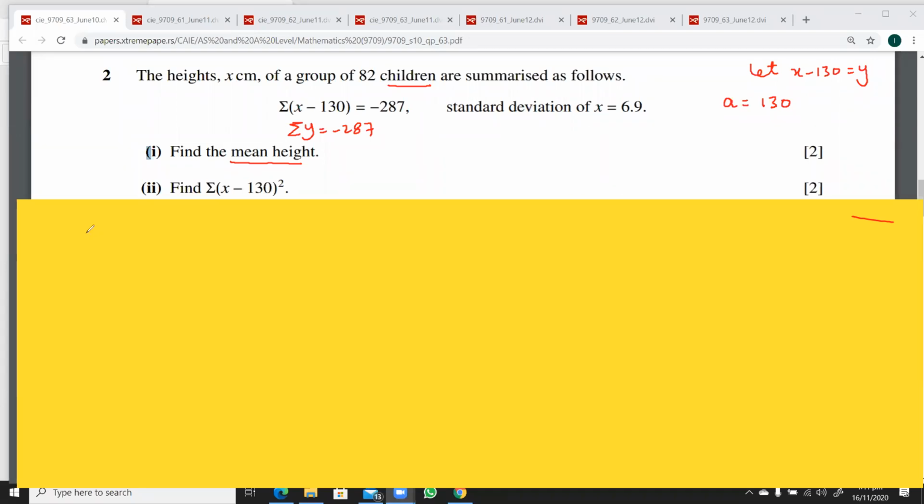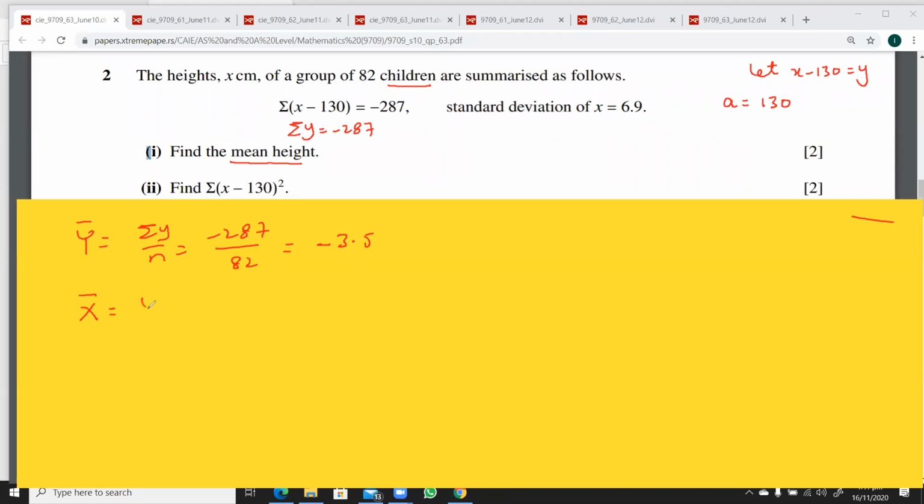So you can easily find the mean of y. That is going to be sigma y over n, that is −287 over 82, okay? I think that is −3.5. And then the answer to the first part, he's asking for the mean height, so that means the actual mean.